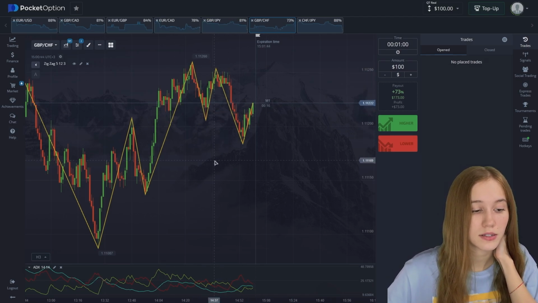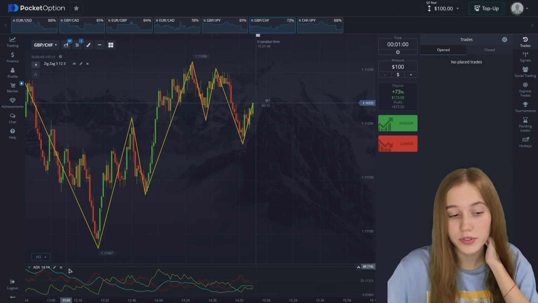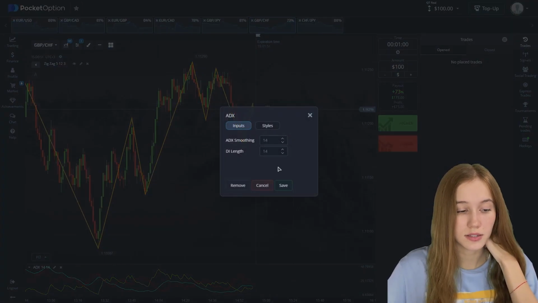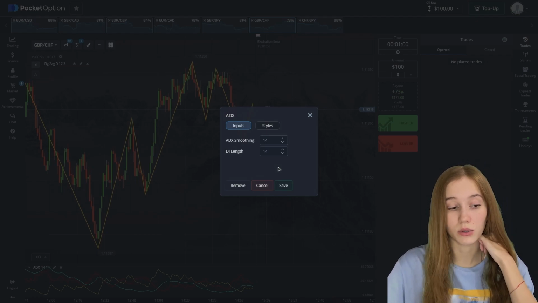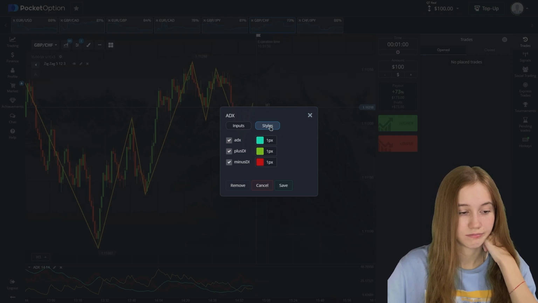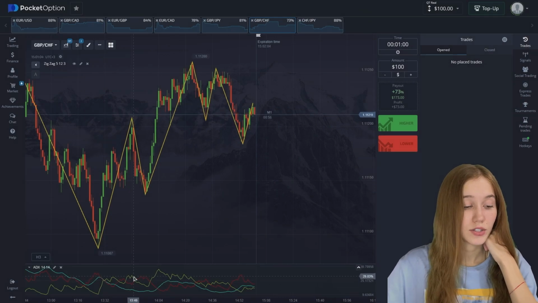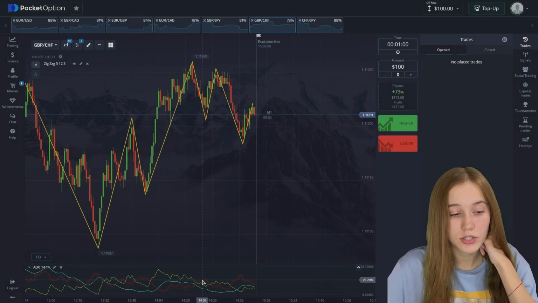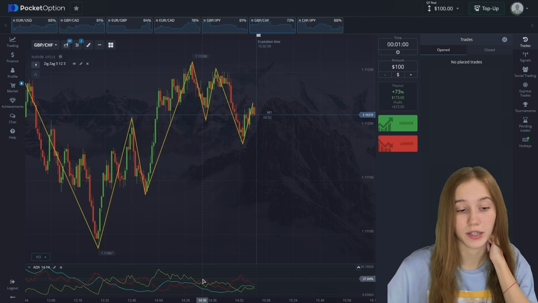Our second indicator is ADX. At the bottom of the screen, these are the settings. You can also copy them here. So it shows the average distance between 2 components.